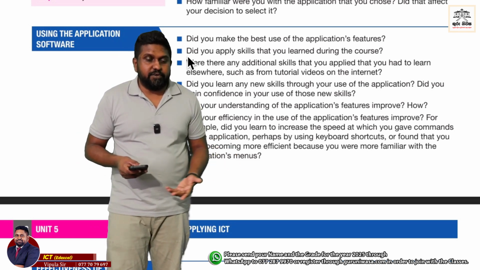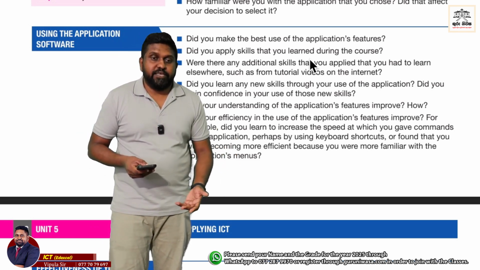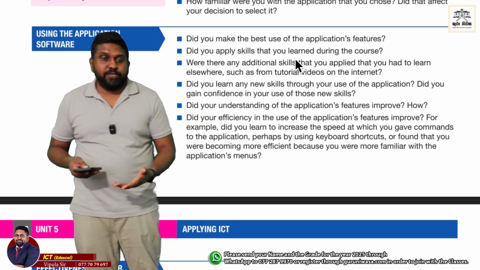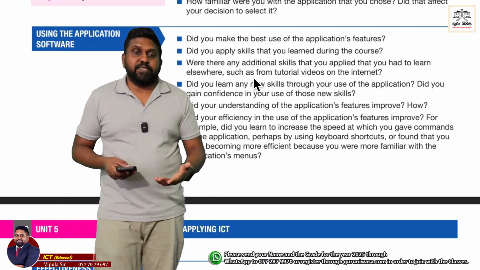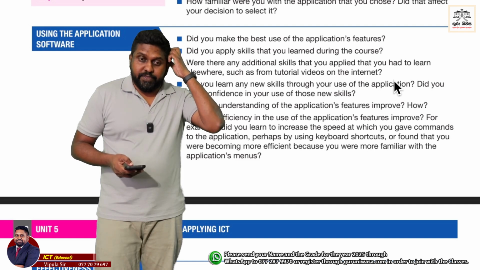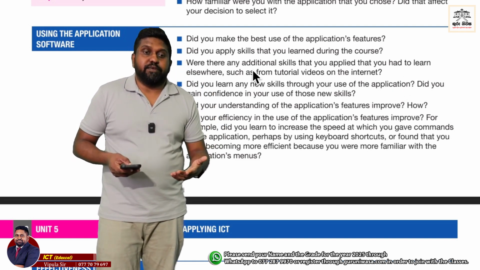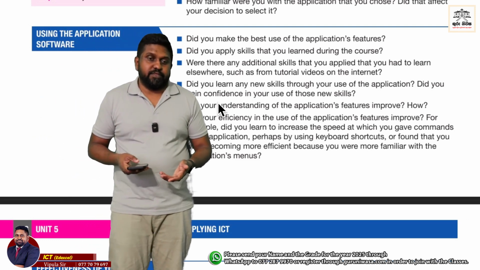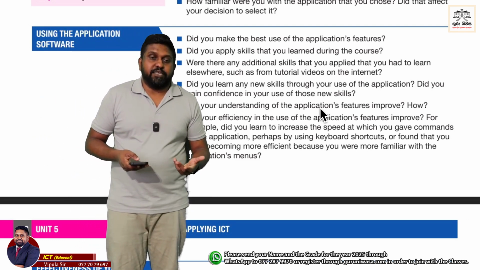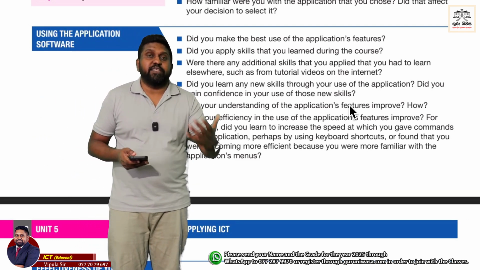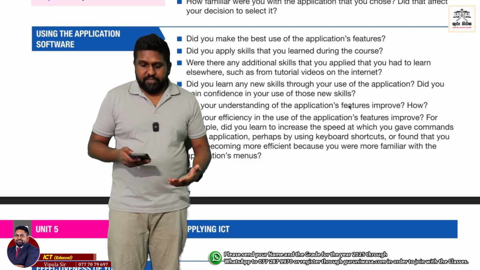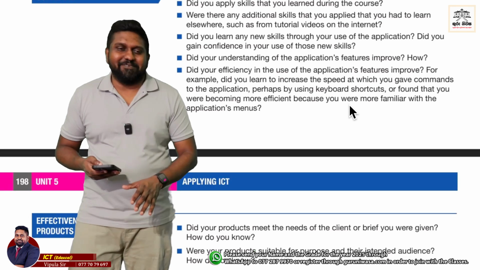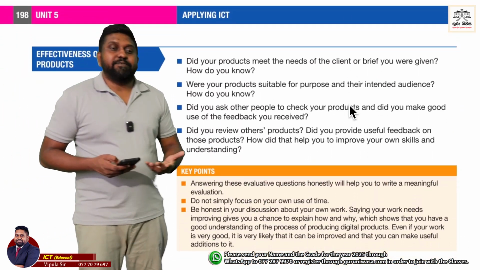Did you apply those skills that you learned in this course, or were there any additional skills that you had to learn, such as tutorials and stuff? Or did your understanding of the application features improve? I mean, this is why we are using the application, right? This doesn't exactly apply to Uber and PickMe, but yes, when it comes to the big gap. And then the effectiveness of your product.